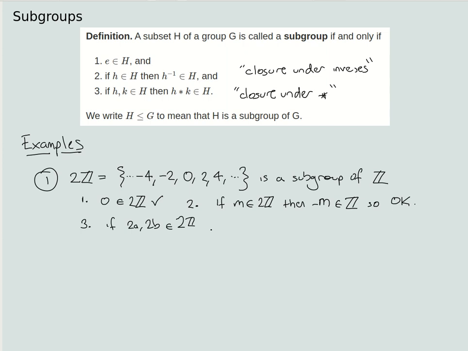When you combine them with the group operation, you get 2a + 2b, which is again a multiple of 2: it's 2 times (a + b). So this is in 2ℤ, and we've passed condition 3 as well. So this subset 2ℤ of the group ℤ under addition genuinely is a subgroup, because it passed all three conditions.